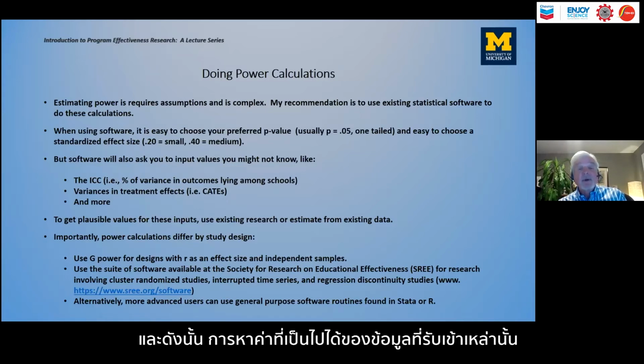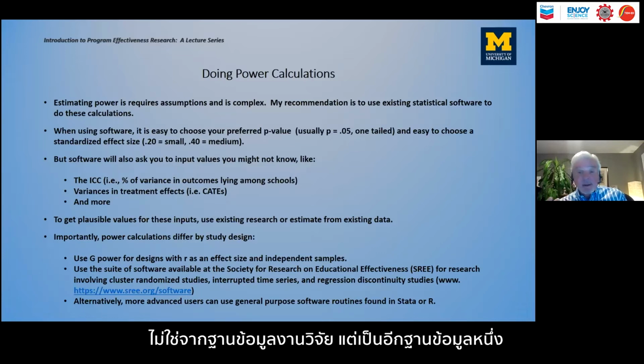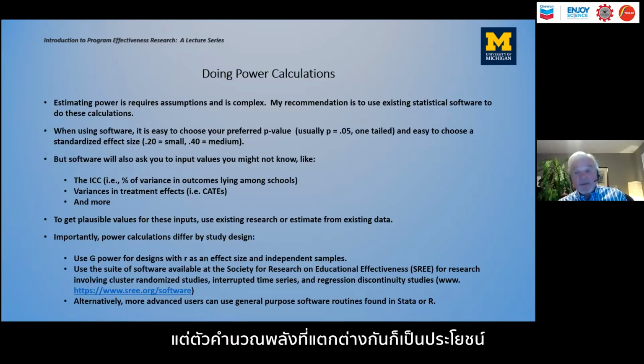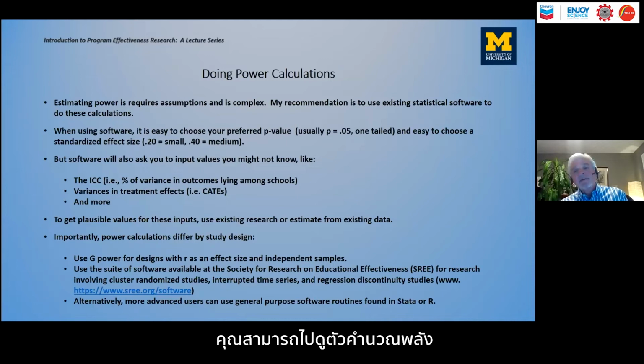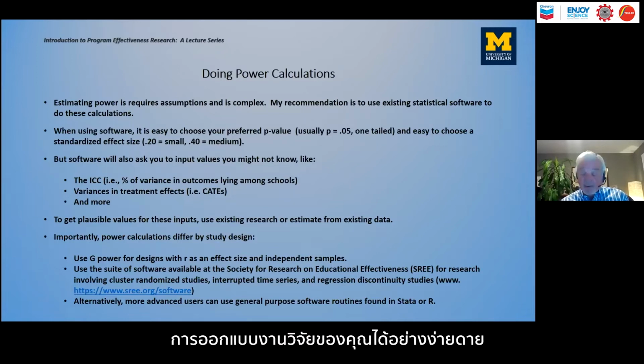And so to get plausible values for those inputs into the program, you actually have to search existing research or estimate it from some existing database, not the study database, but another database. So importantly, different power calculators are useful for different study designs. And so I have listed here some places you can go to look at power calculators and choose one that really makes it easy for you to estimate power given your study design.